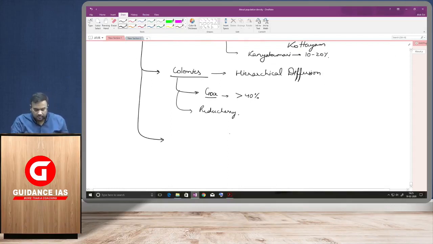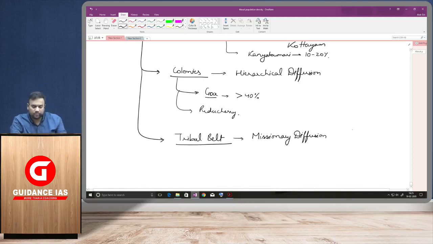Then the third type of area where this has spread is the tribal belt of India. And here the main mode of diffusion has been missionary diffusion with the support of hierarchical diffusion, in the form of resources and protection which were offered to the missionaries in this area.